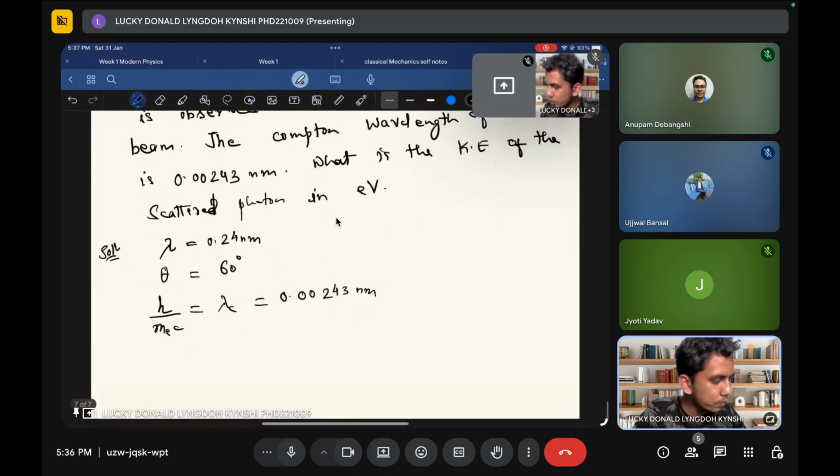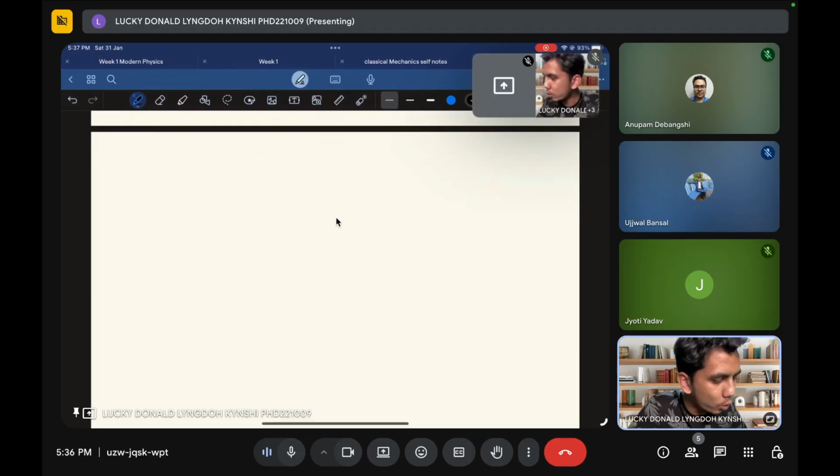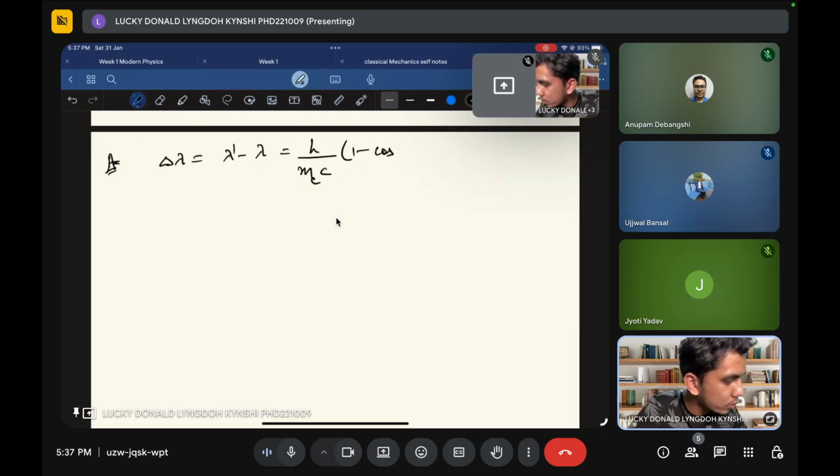So now, how do I solve these questions? Okay, you use the formula delta lambda is equal to lambda prime minus lambda is equal to h divided by m_e c (1 minus cos theta). This is the formula that I have just given to you.